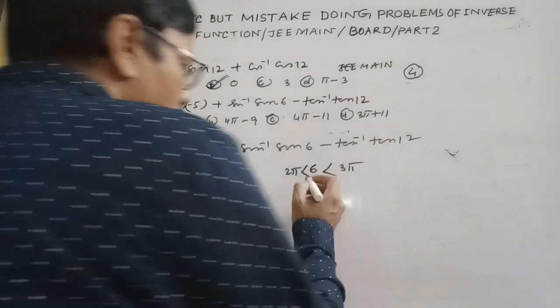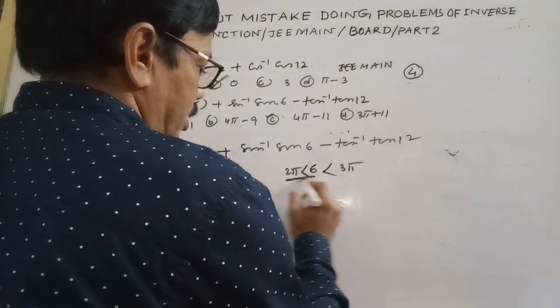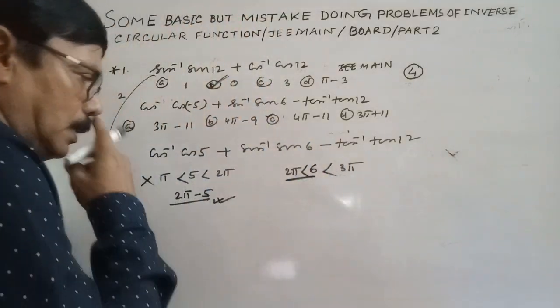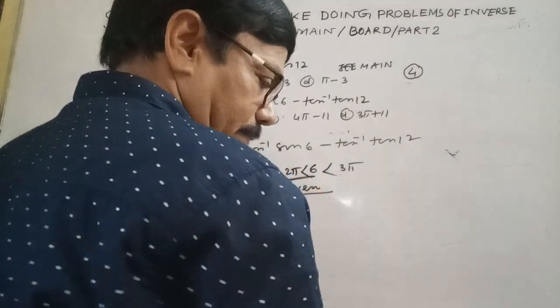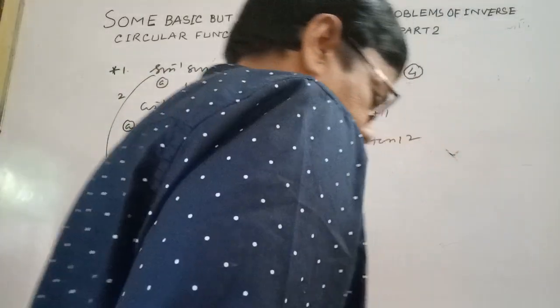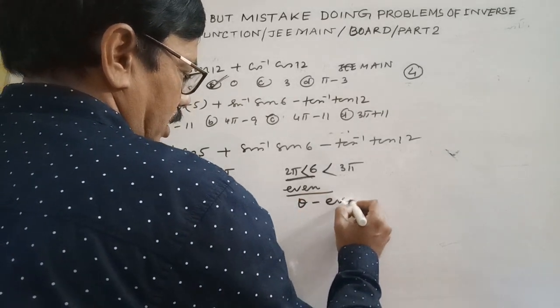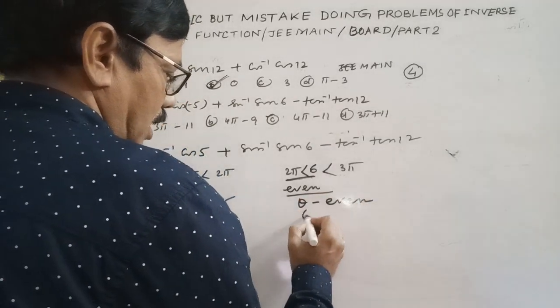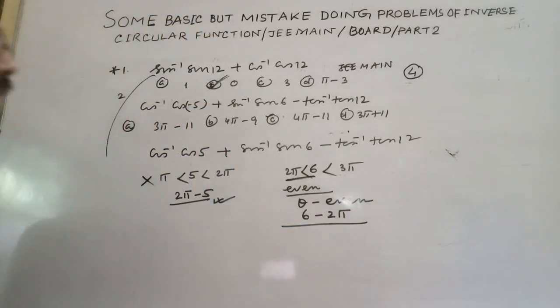Now which one is nearer to 6? This difference is nearer to 6. Now this is even. If it is even, what is our rule? Theta minus even. So what is theta? 6 minus 2 pi.